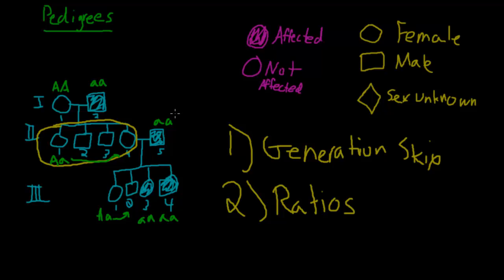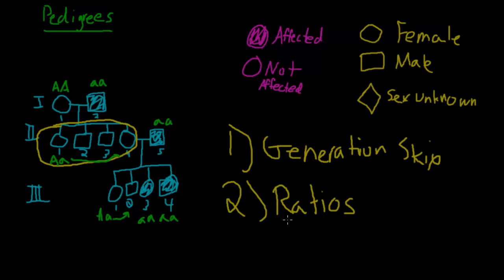If we cross a heterozygous with a homozygous recessive, we would predict that about half the children would be affected, and the other half would be heterozygous. And looking at our pedigree, this does suggest it. It didn't have to, but it happens to work out, which is a nice verification in the back of our mind. In general, these are the two main things to look for.